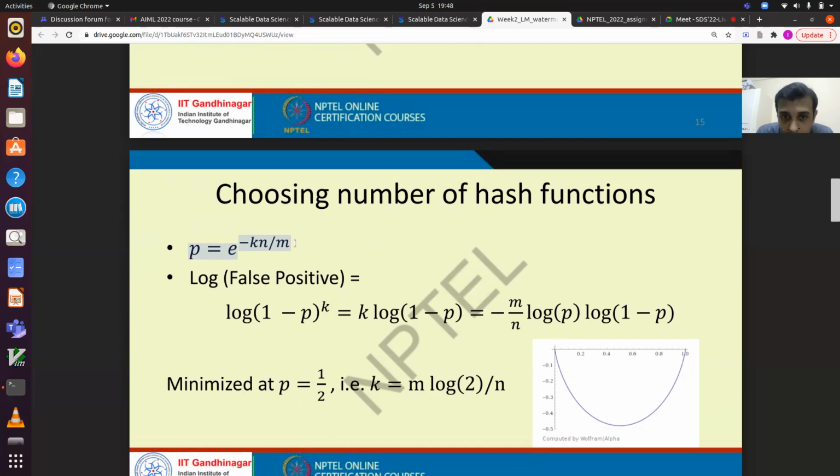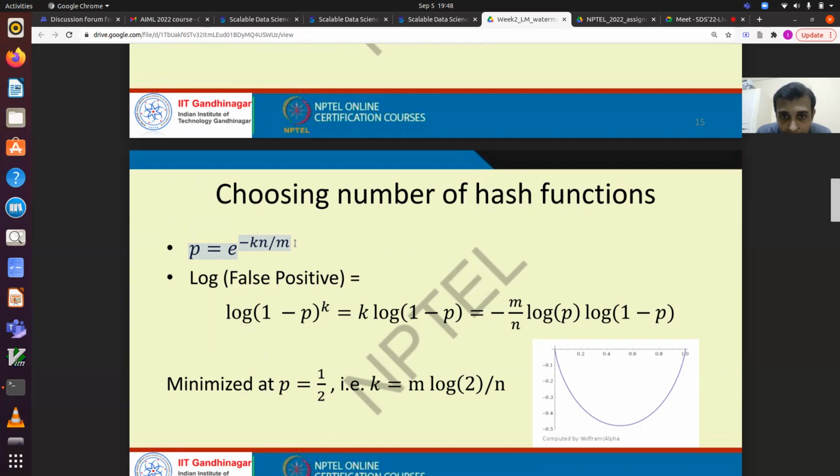Therefore k equals m by n times natural log of p, and the minus also goes to that side. Sir, I will try this, and if I cannot understand, I'll put it in the box.